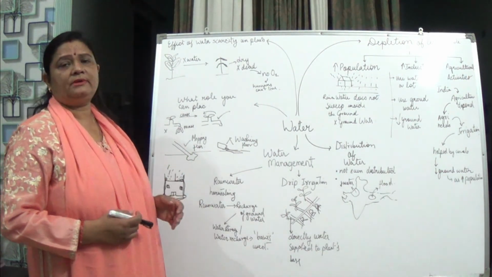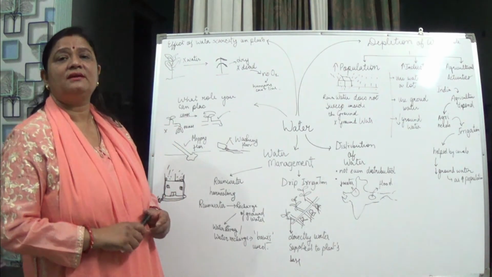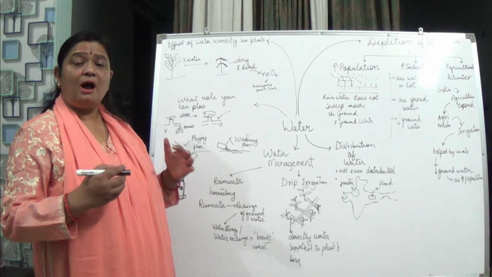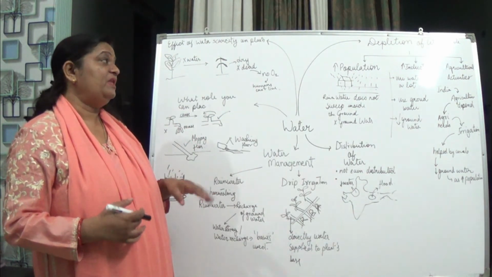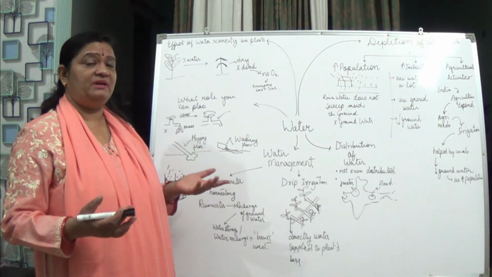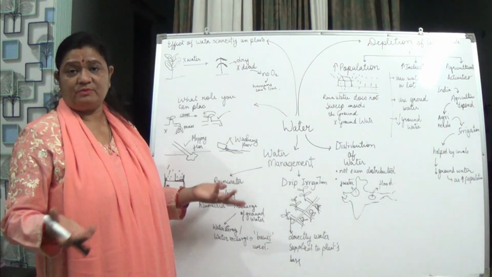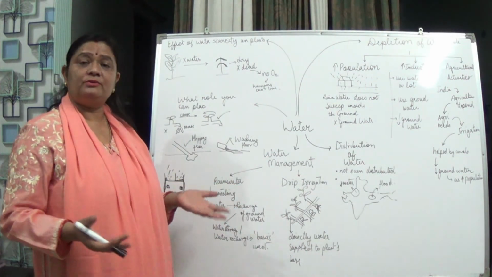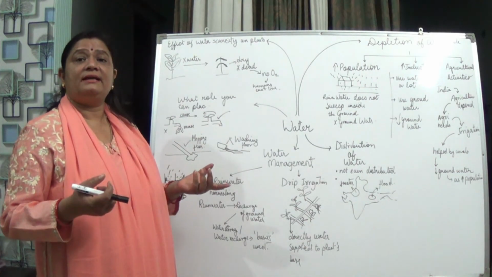So in this chapter, beta, we have studied about water and its importance, isn't it? And what will happen if we are not getting water, and why the water is decreasing day by day. Only a small amount of water is present for our daily use, which can be used by human beings or the plants, isn't it?